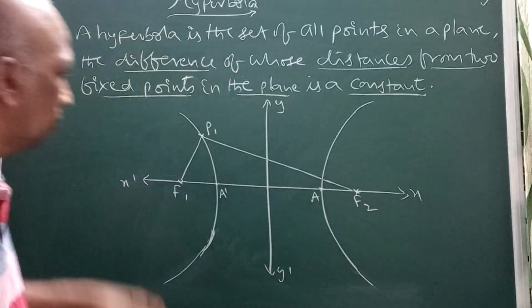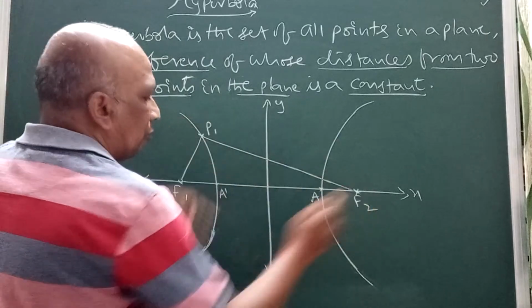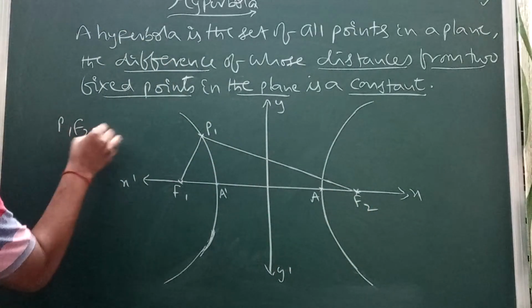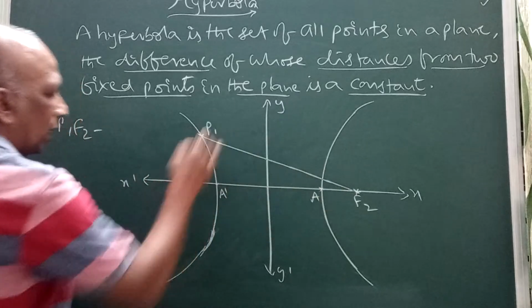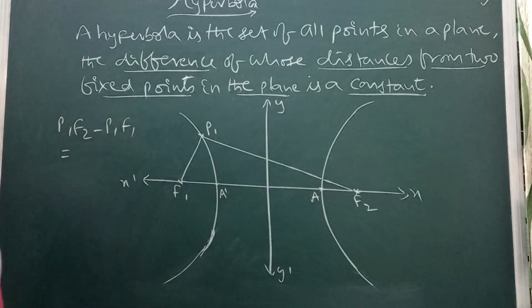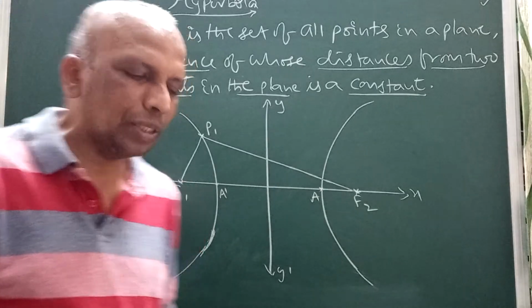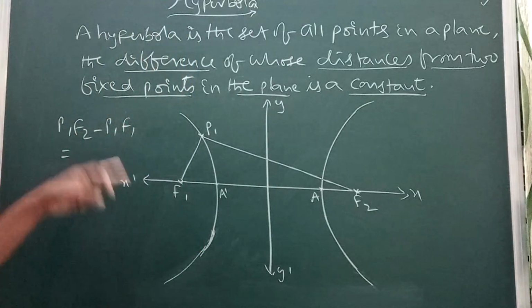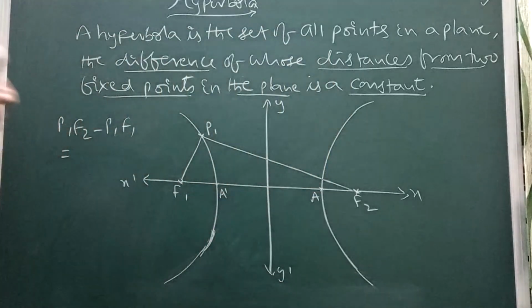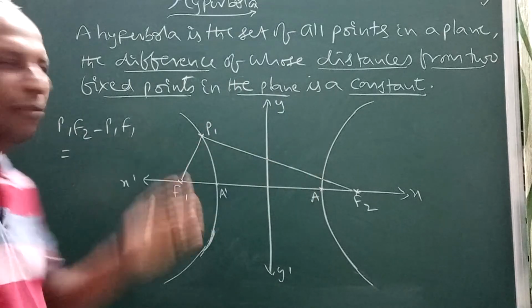Now take the difference of these: P1F2 minus P1F1. This should be equal to a constant. That's the meaning of this.